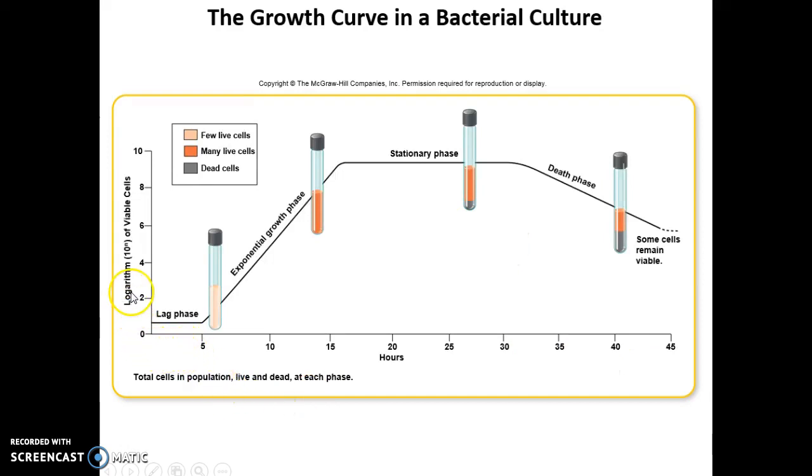On the y-axis you have the number of viable cells, and on the x-axis you have time. And here is your tube, and you have this tan color and very few live cells. And what's going on here in these first 5 hours, if I can find my mouse here.